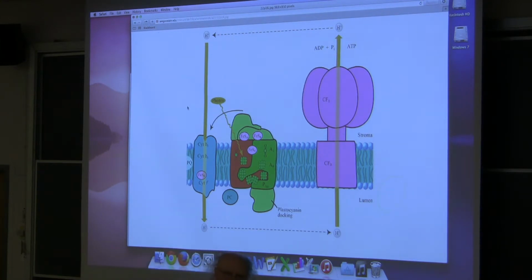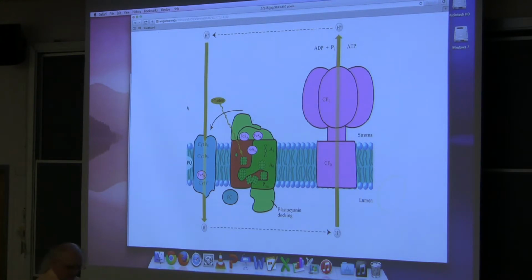Well, the advantage of this is it doesn't need an electron acceptor at the end, because the electrons come right back to the place where they started. But more importantly, protons get pumped as a result of the photons coming in. This system will kick into place when there's no additional NADP.